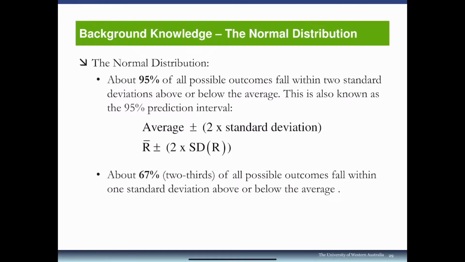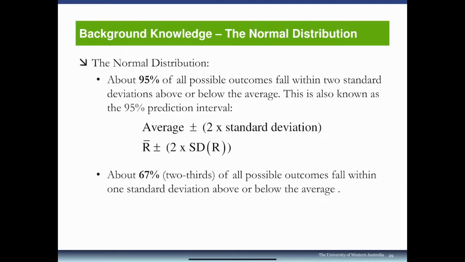Also, as background knowledge, the normal distribution is quite heavily used in finance. In some cases, we assume market returns follow a normal distribution. A normal distribution has a very important feature, among many others: about 95% of all possible outcomes fall within 2 standard deviations above or below the average.